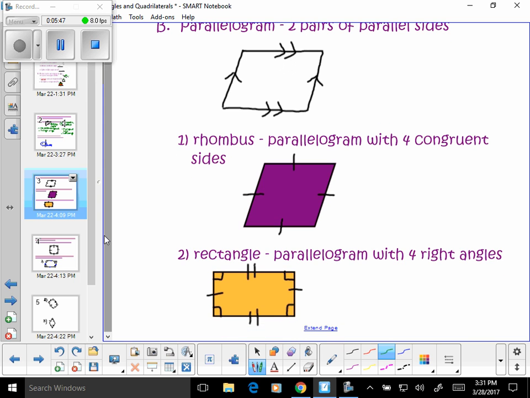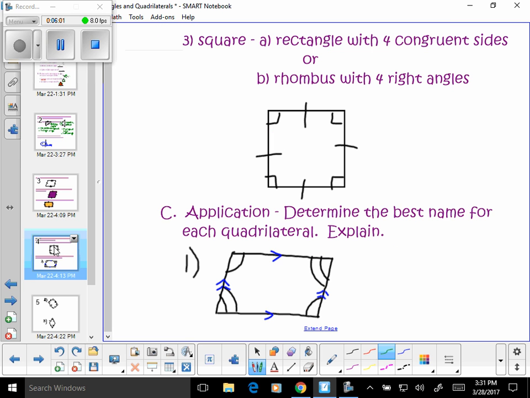You also have a rectangle, which is a parallelogram. This is when you have four right angles. In fact, recht is the German word for right. So rectangle, right angles. Another type of parallelogram is a square.